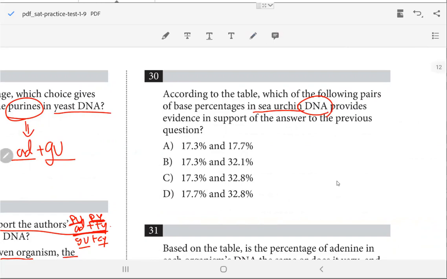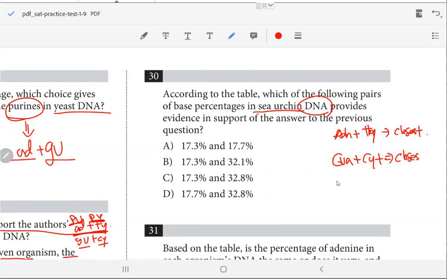According to the previous question, adenine and thymine, which pair up, need to be closest together, and guanine and cytosine, which need to pair up, must be closest together. So let's look at the numbers.